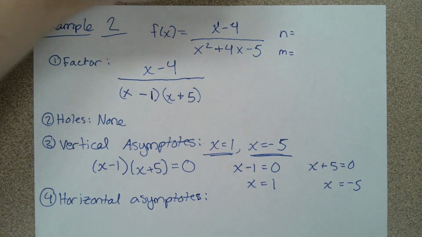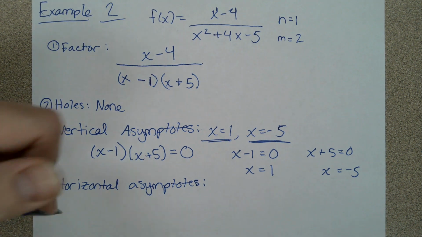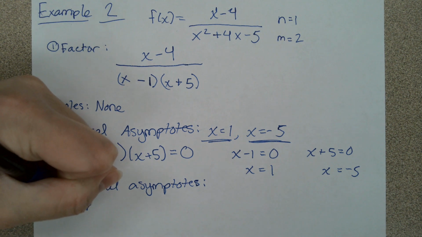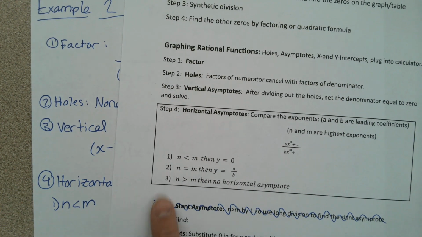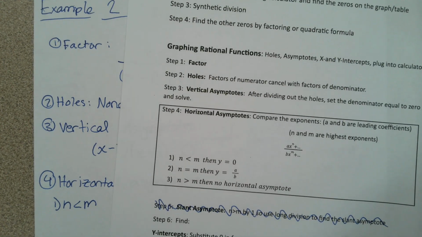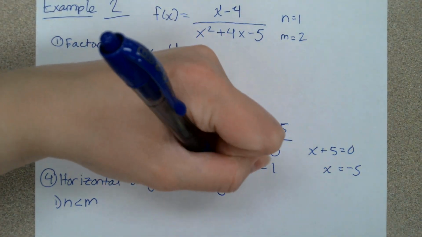N here is 1, and m is 2. So here we have n is less than m, which means we have the first case. Case 1 tells us if n is less than m, then y equals 0. So y equals 0 is our horizontal asymptote.